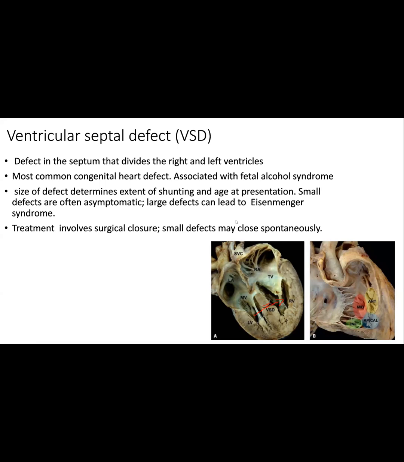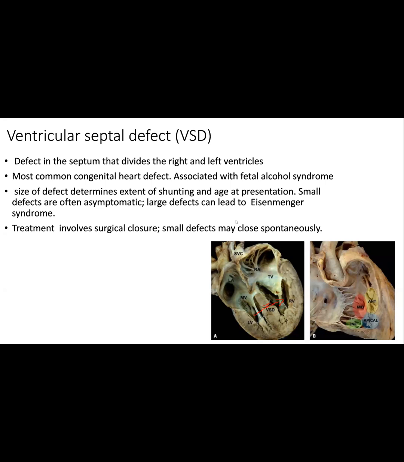Over time, when the blood volume increases on the right side, it eventually results in pulmonary hypertension. So there's a high pressure in the pulmonary circuit, there's a congestion of the pulmonary vessels, and this results in increased right-sided pressure, so increased pressure on the right side of the heart as well.